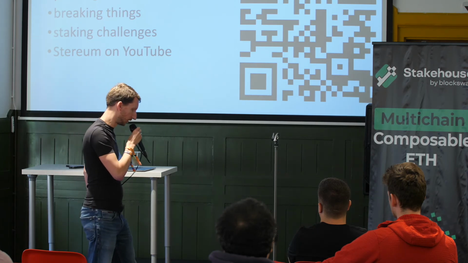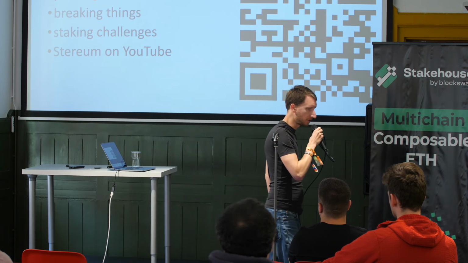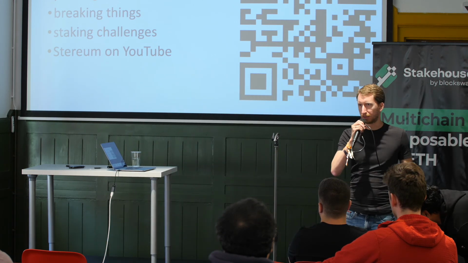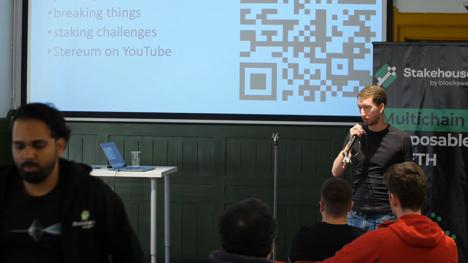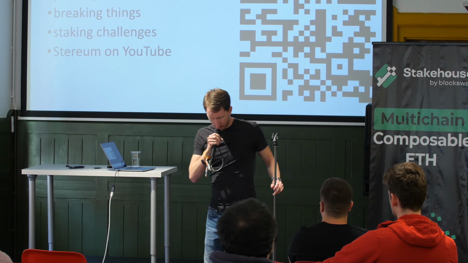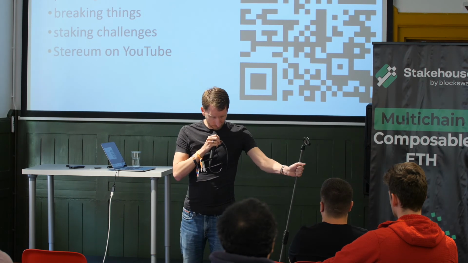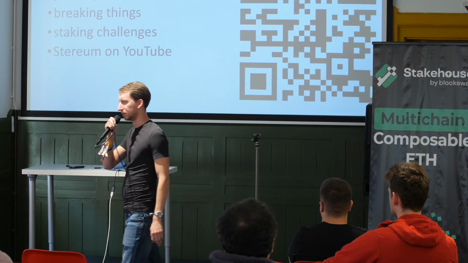The next thing is we do staking challenges. If you haven't heard of it yet, we have the upkeep and uptime challenge. That's a challenge every solo staker can participate in. You even earn a POAP badge for that, only for participating. And what we track is the performance of your validator account that you submit to us.